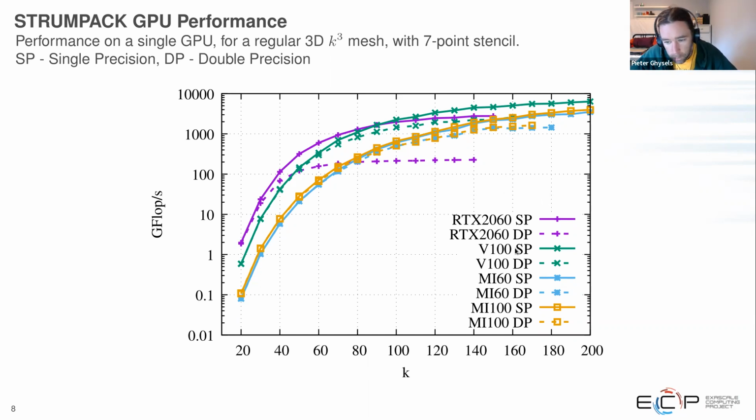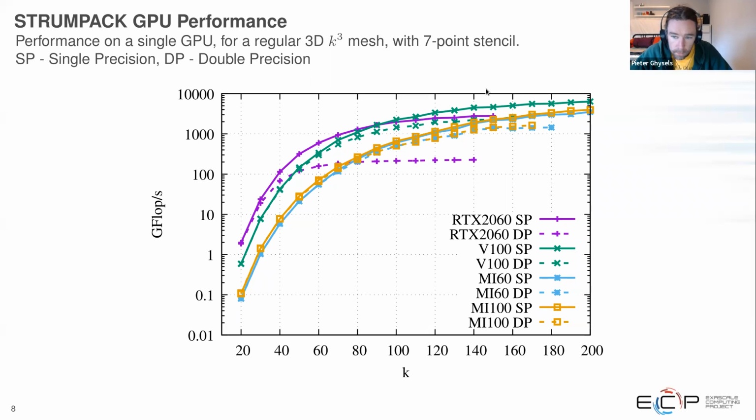For instance, a V100 from Summit or an MI60, MI100 AMD GPU, or a more standard, like a gaming NVIDIA RTX 2060. You can see here that the performance goes up to about 7 teraflop using single precision on the V100. So that's about 40% of the peak performance on this V100, which is not bad, I think.